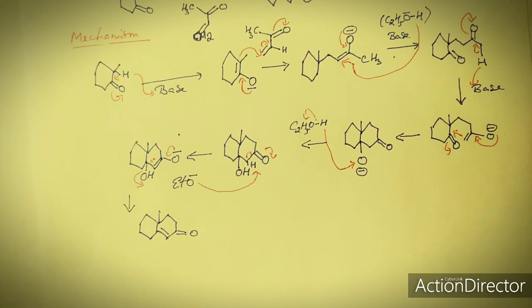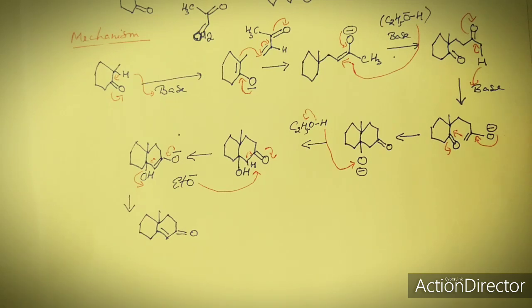And what is a Michael acceptor? A Michael acceptor is an unsaturated compound which is attached alpha-beta unsaturated to an electron withdrawing group, which can be carbonyl, which can be CN, as we have seen earlier, that we can get various variations of these Michael acceptors and Michael donors.